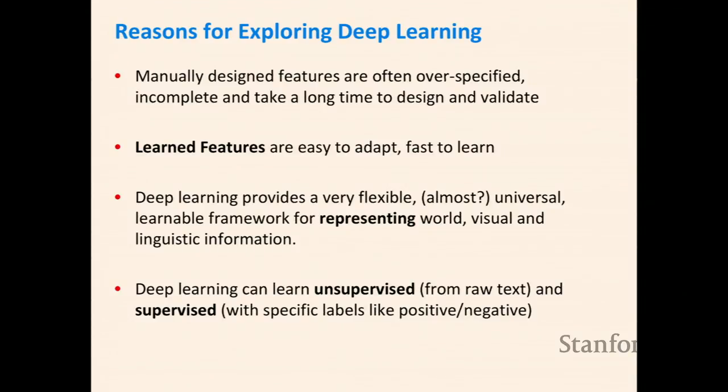So in the end, you can use the same model family in some cases to understand images as well as understand text. That's pretty amazing and pretty general, and that was something that was just impossible in prior natural language processing algorithms. And what's also very exciting, we'll be able to look at both unsupervised and supervised models in deep learning. Again, it's a very general framework, and eventually almost like a way of thinking about most AI problems.